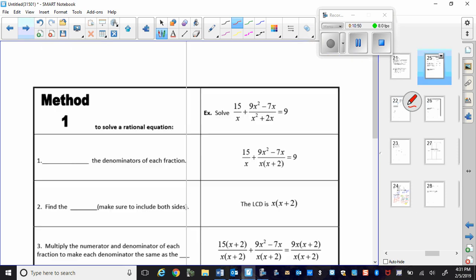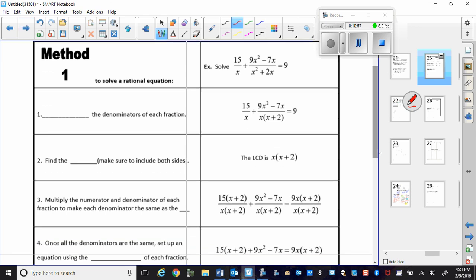So be careful. Now, the first method to solve a rational equation. You want to combine denominators, and that typically refers to multiplication of the denominators, right?